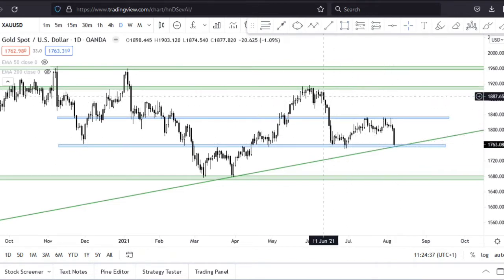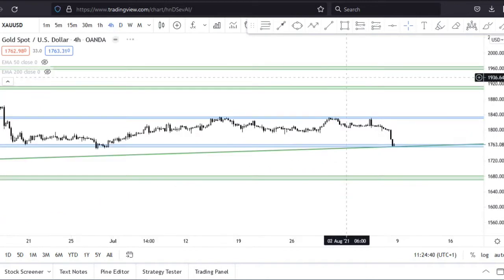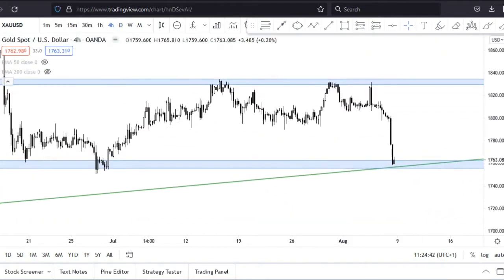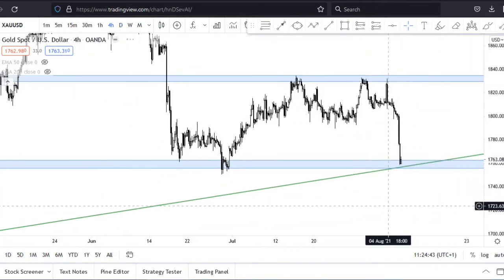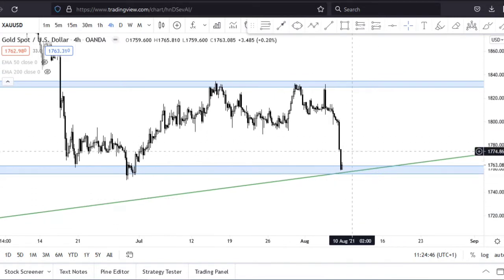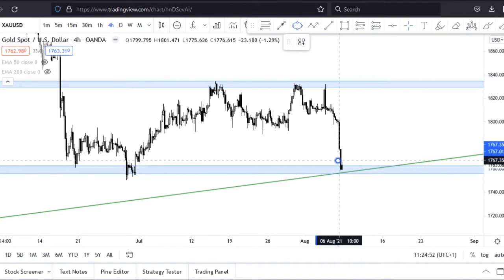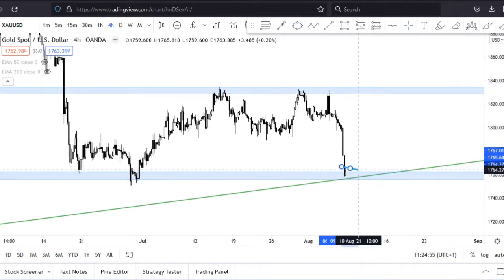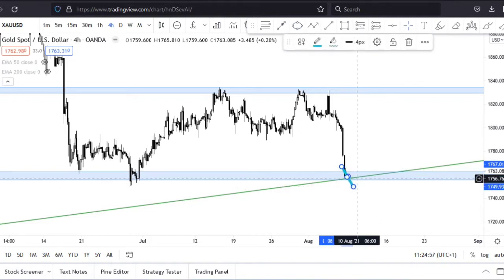So what I'm expecting here, if we go to the 4-hourly time frame, is for price to make a sort of reaction around this area. So this is the area that we are looking at, and where we'll be looking to identify our entry, whether to buy or sell.